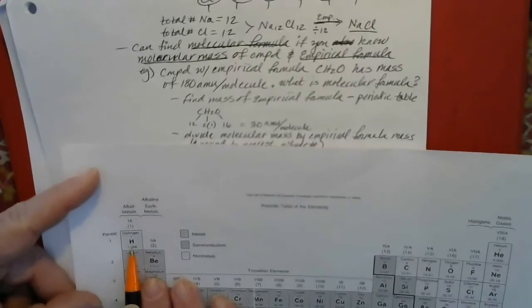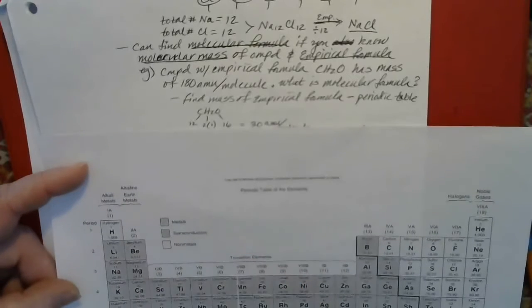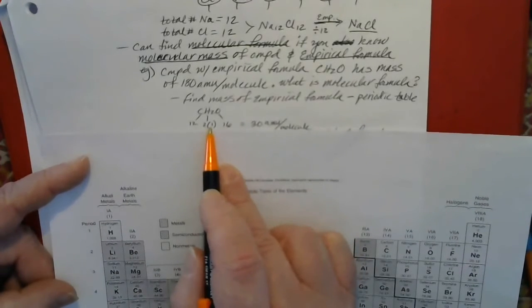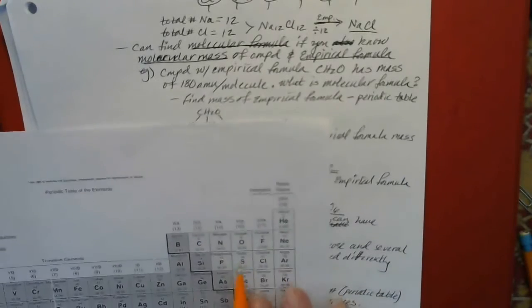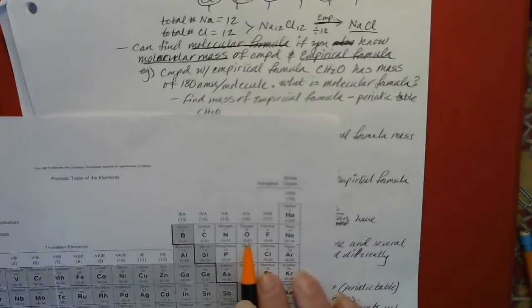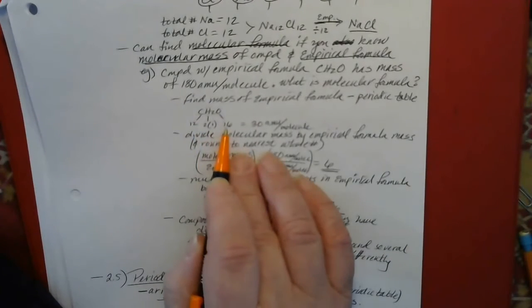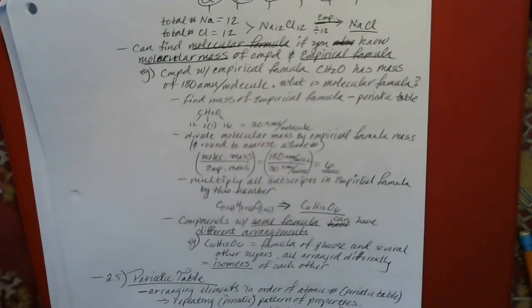And each hydrogen has a mass of 1.008, but again, it's okay to round it off to 1. But there are 2 of them, so you have to multiply that by 2. And then we see oxygen has a mass of 16, and in this case, it really is exactly 16. So you add 12 plus 2 plus 16 together, and you get 30.